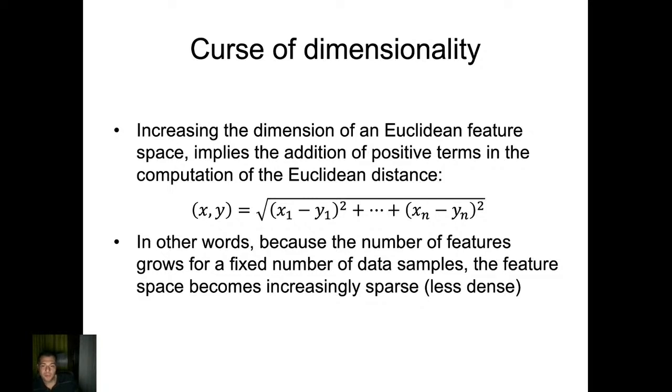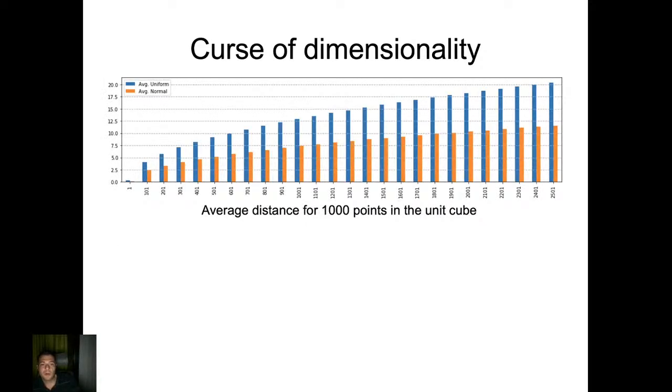Yeah, so because the number of features grows for a fixed number of data samples, the feature space becomes increasingly sparse. This can also be illustrated through a simple example. Here we just have 1,000 data points that are sampled in the unit cube, and these are sampled in spaces from R to the power of 1, to the power of 100, and so on until 2,500 dimensions.